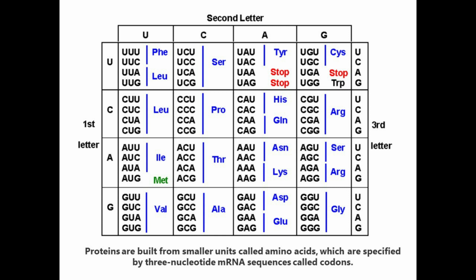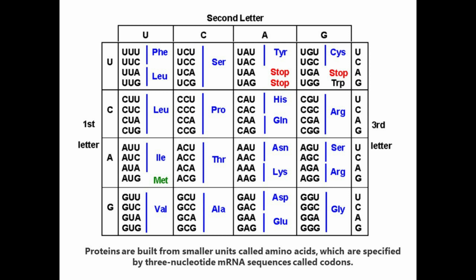Now we will go to the information recorded in the mRNA. mRNA contains the recipe or the instructions for correctly incorporating the amino acids one by one. So how does that recipe look like? That is called a codon.